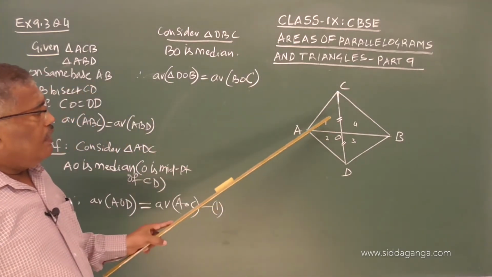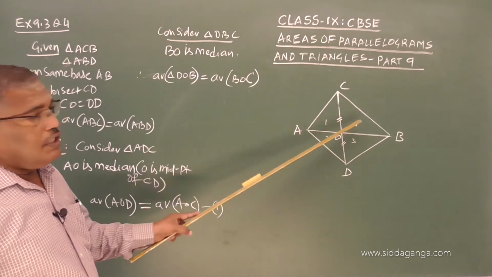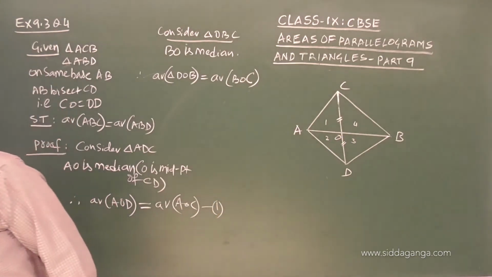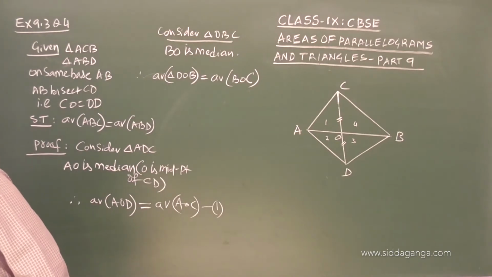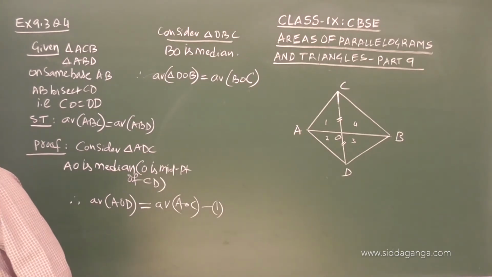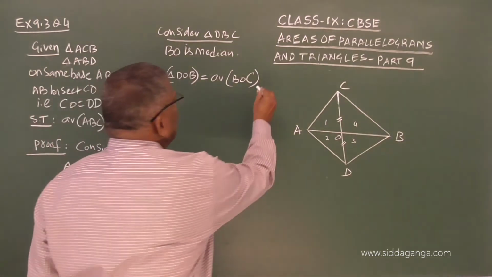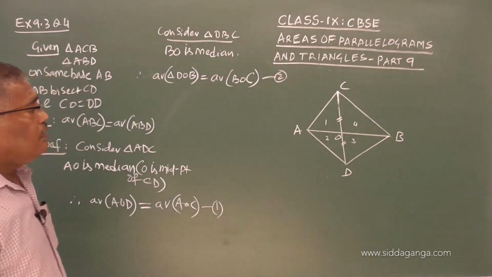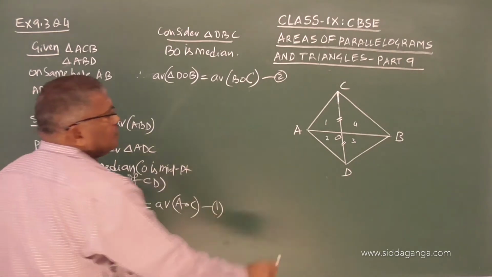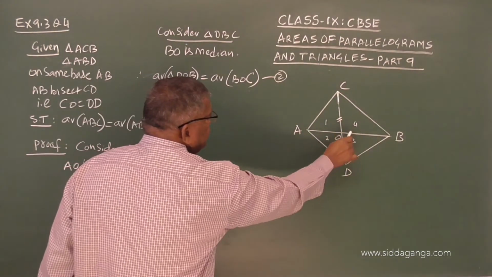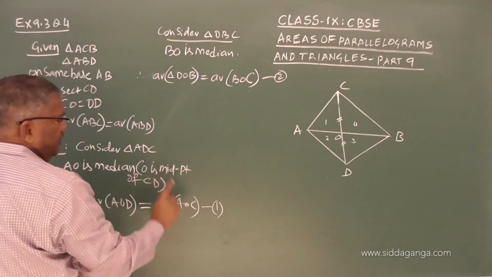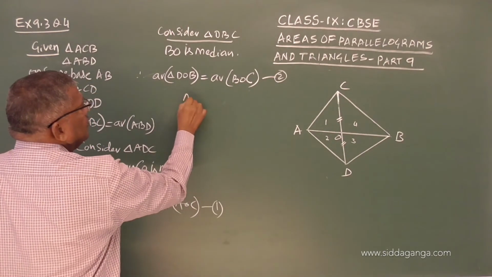So 1 equals 2 and 3 equals 4. Now you call this equation 2. These two are equal. Now add equation 1 and equation 2.